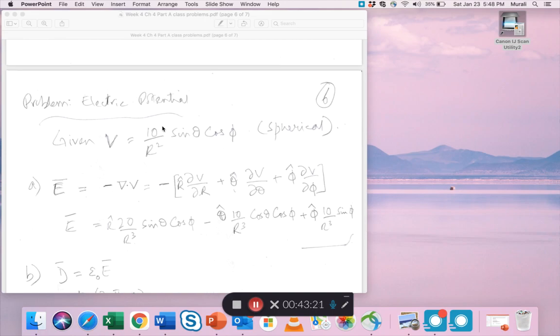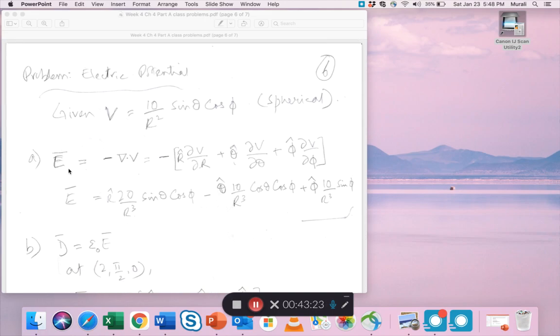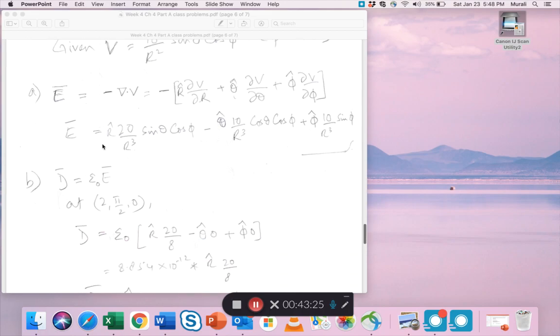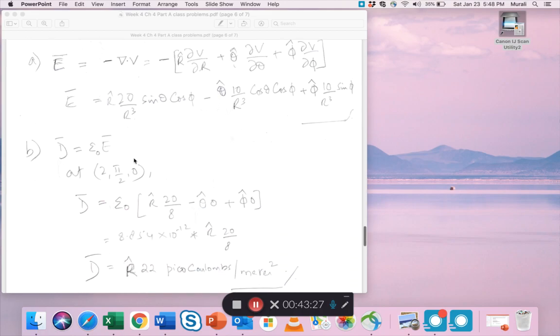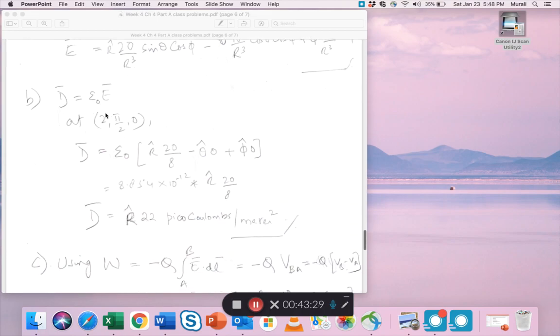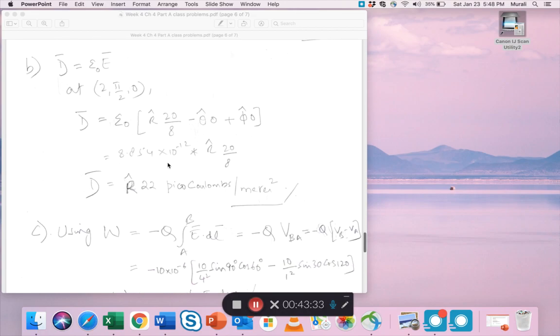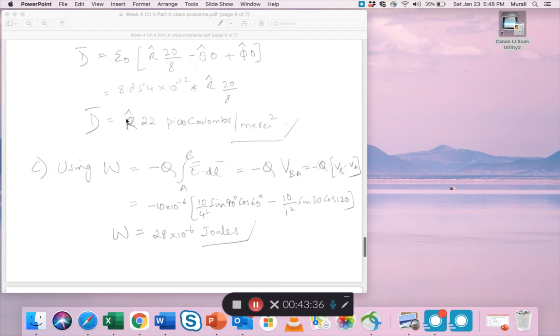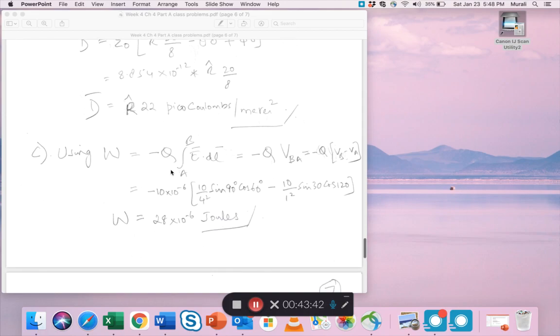We may not have too much time to go through it. So there's V, there's E being calculated as a vector, and then D is just this. D at a certain point, you punch in those numbers and you get D as some picocoulombs with a unit vector attached to it. Work is from the previous formulas I showed you.